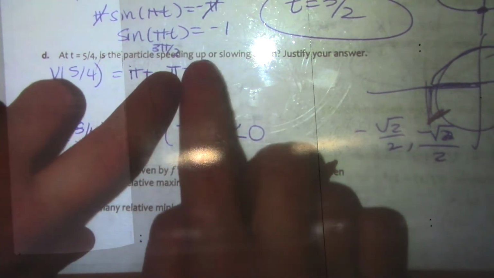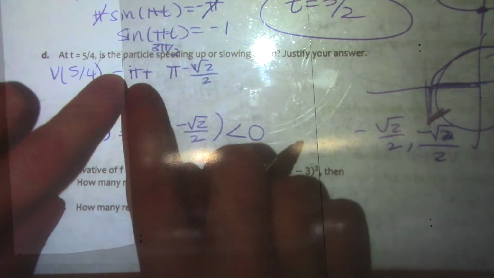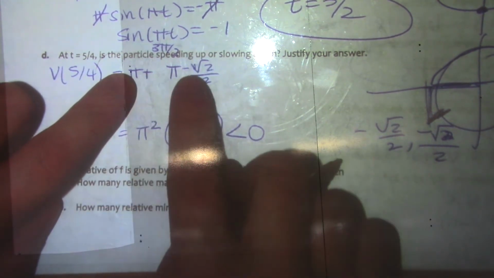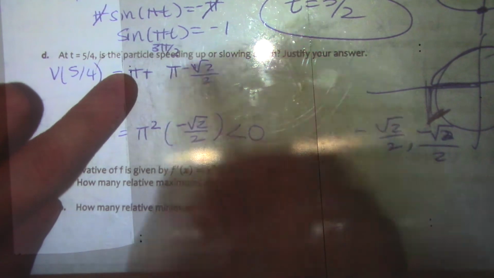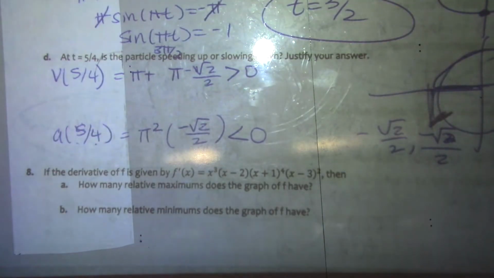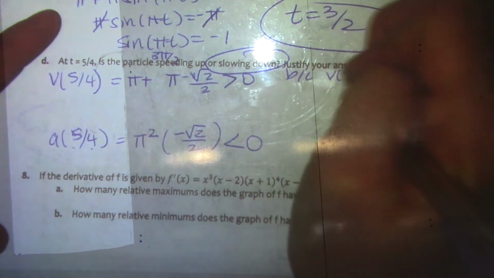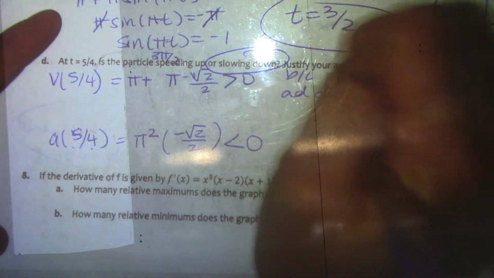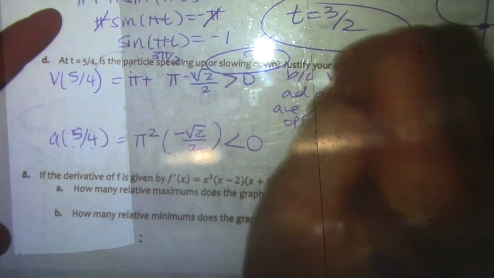Pi by itself, or pi times this fraction, root 2 over 2 is less than 1, so that means that the pi is the bigger term. Pi minus not as much as itself means it's still positive overall. And then your answer is that it's slowing down because v of 5/4 and a at 5/4 are opposite signs.